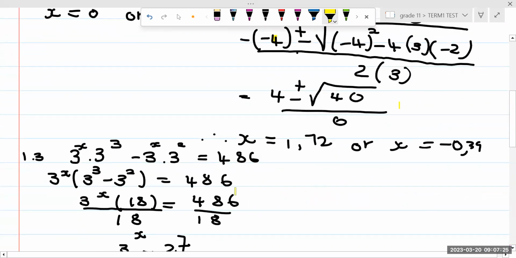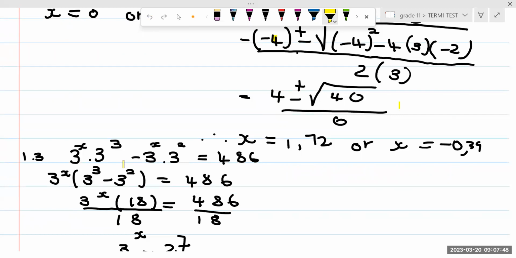Going to number 3, we're given 3 to the power of x plus 3 minus 3 to the power of x plus 2, again, all equivalent to 486. So this thing, 3 to the power of x plus 3, can be split.